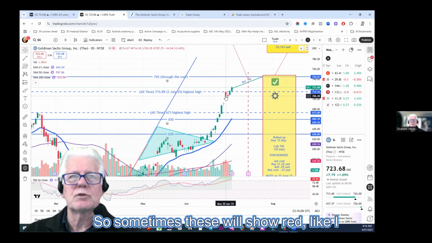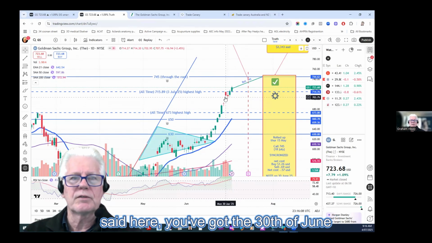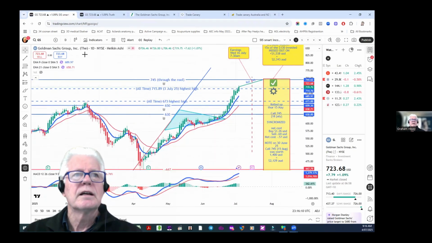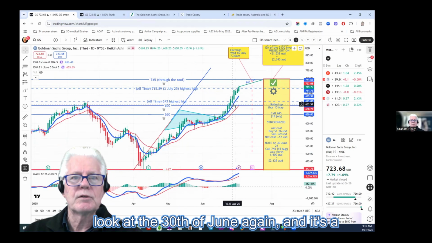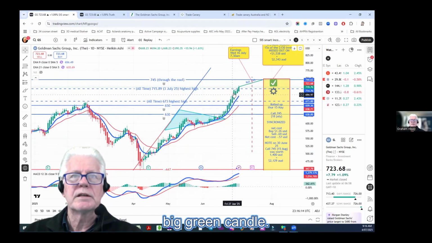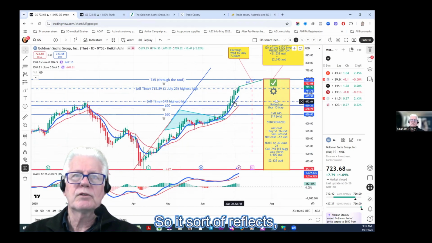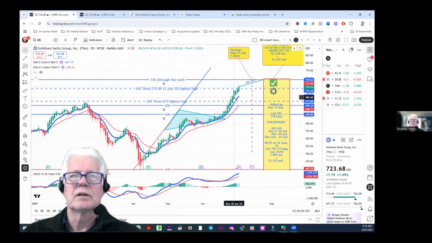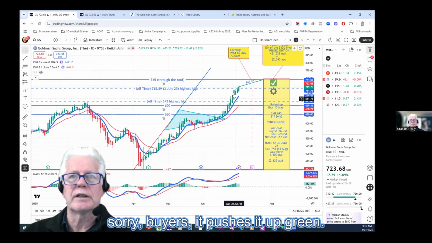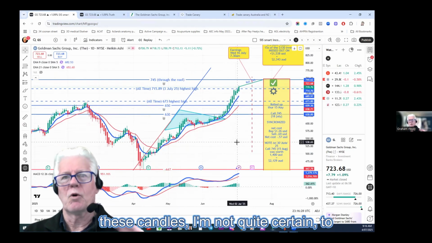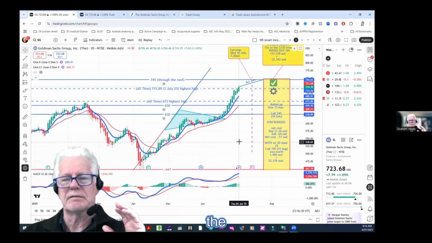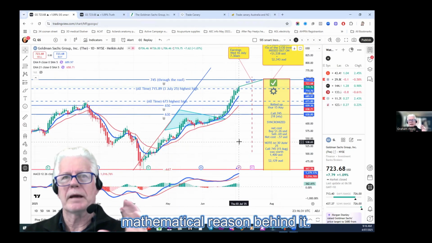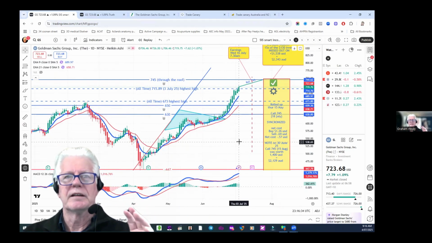So sometimes these will show red, like I said here. You've got the 30th of June, and you go over here and have a look at the 30th of June again, and it's a big green candle. So it sort of reflects, if you've got the majority of buyers and sellers being buyers, it pushes it up green. So these candles, I'm not quite certain, to tell you the truth, the mathematical reason behind it.